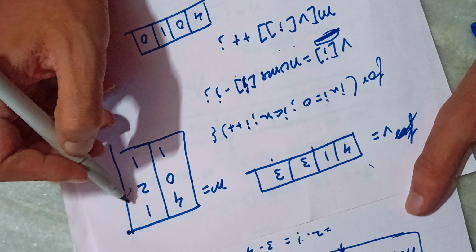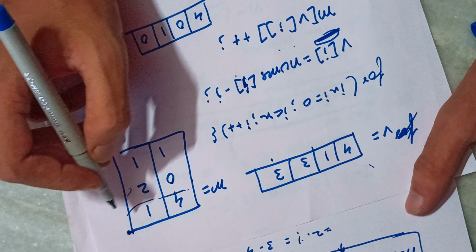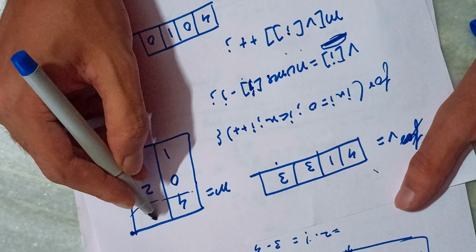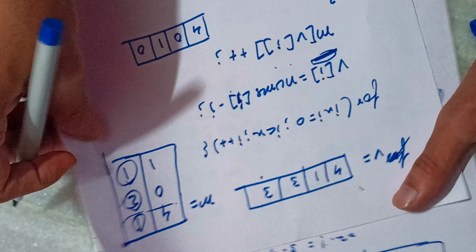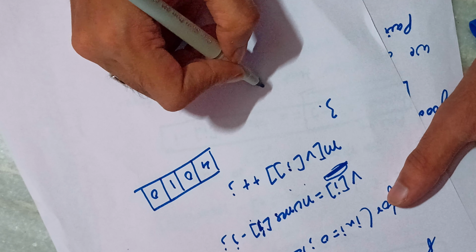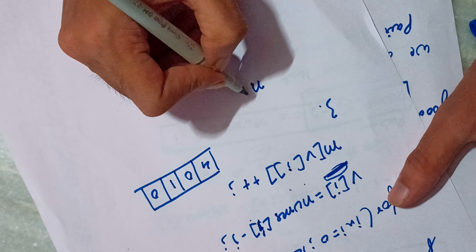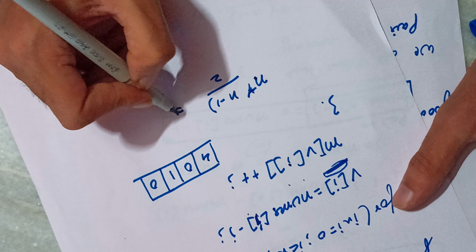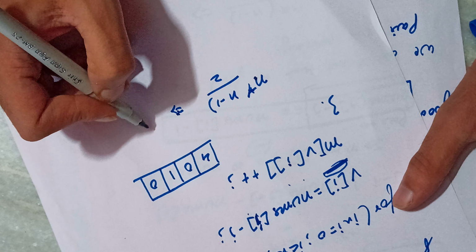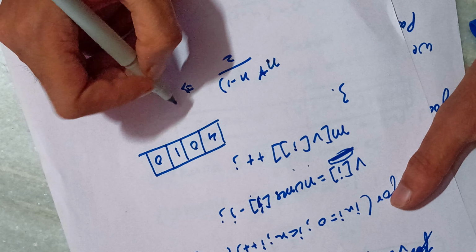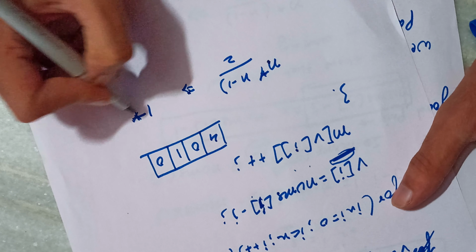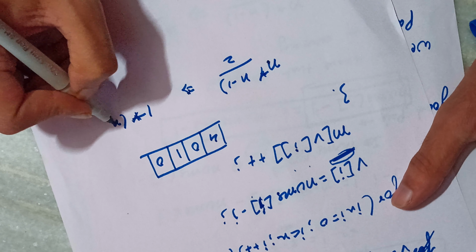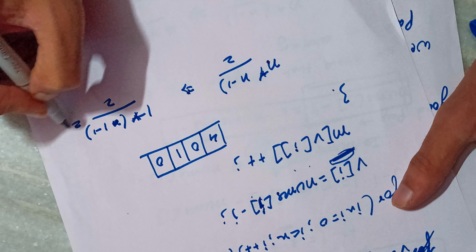So we will find the good pairs, computing the pairs again using the formula n into n minus 1 by 2, and then subtract it from our total number of pairs, 6. For the first count, 1 into 1 minus 1 by 2 is 0.